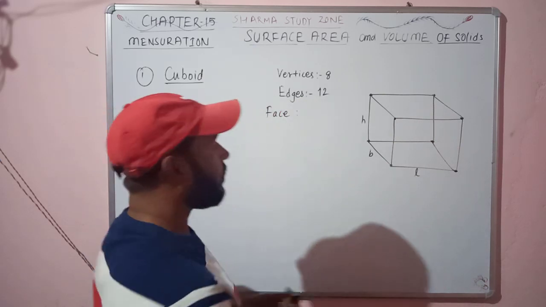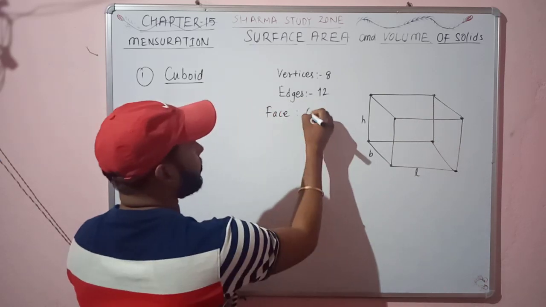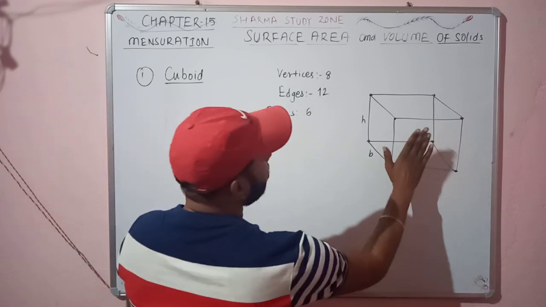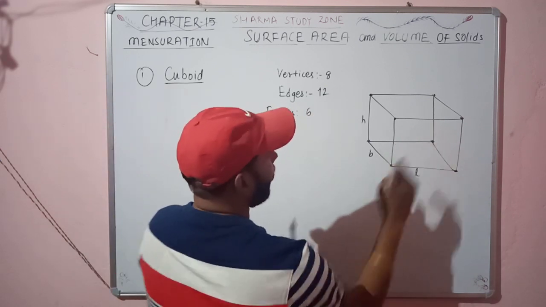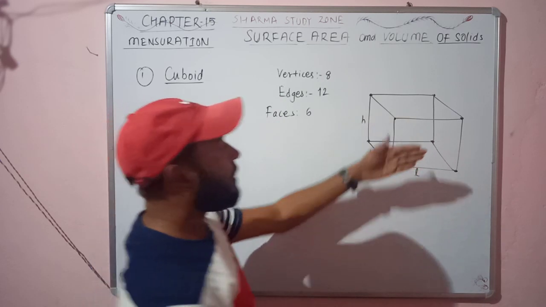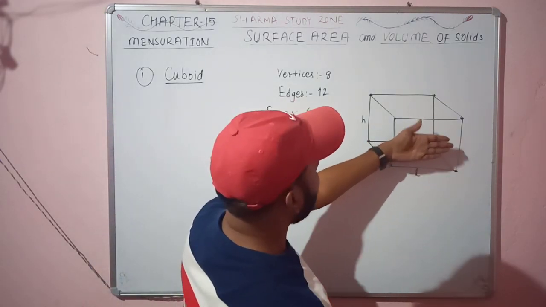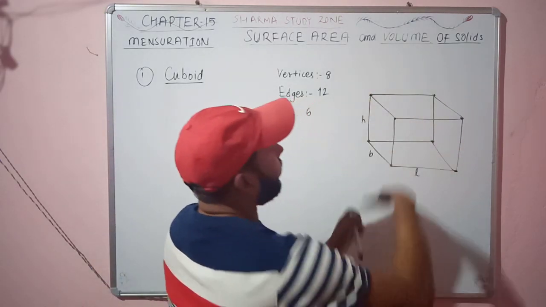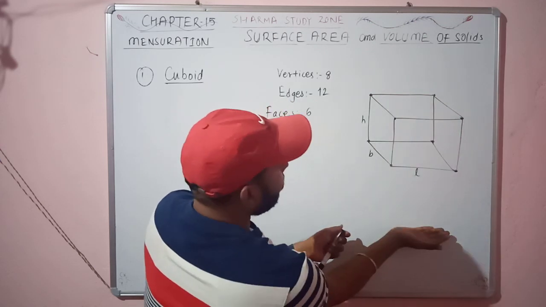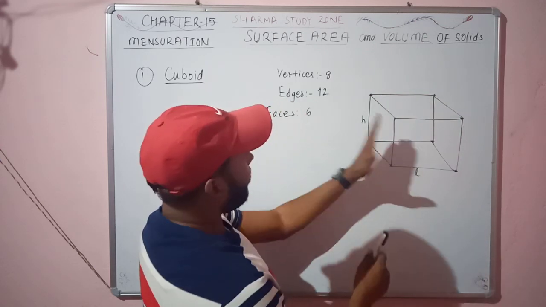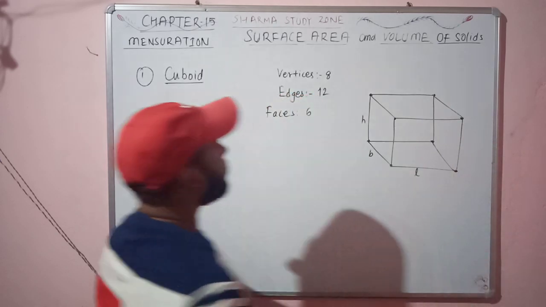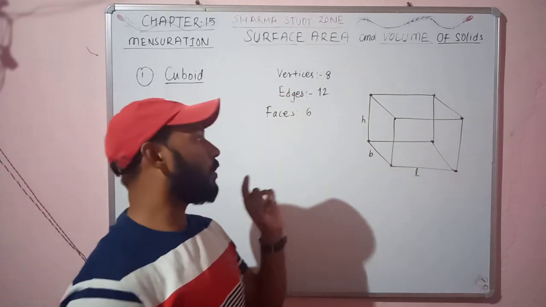You can see there are 6 faces. The first one is in front of you, and the second is behind, at the back. On top, third. On the bottom, 4, the left side 5, and the right side will be the 6. So there are 6 faces on this cuboid.